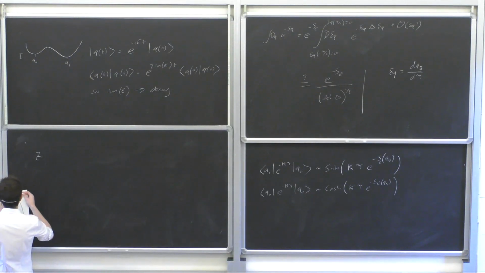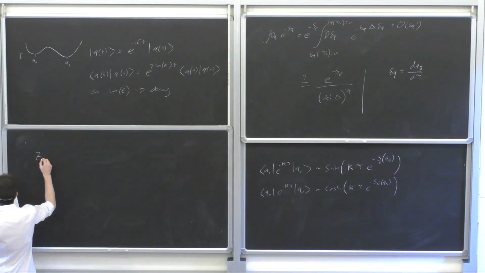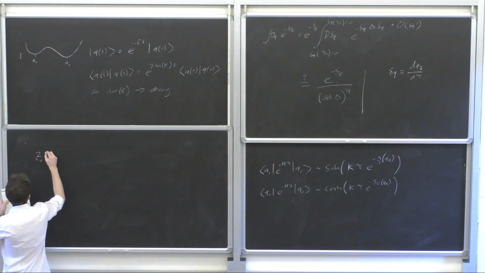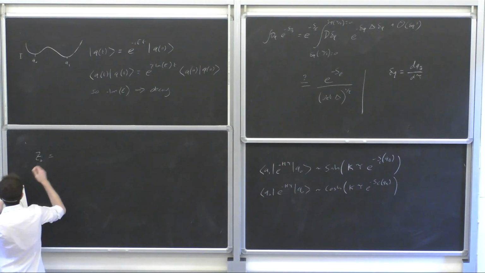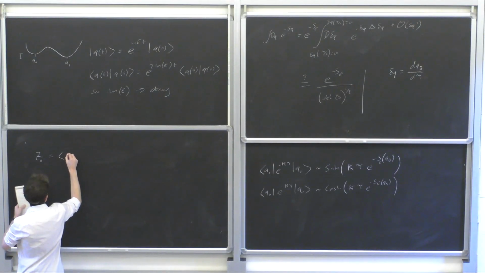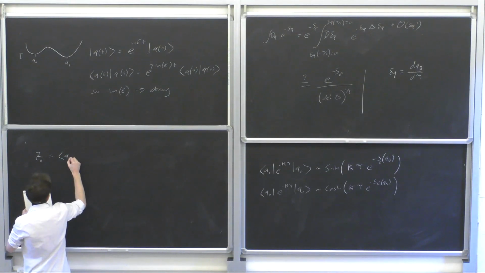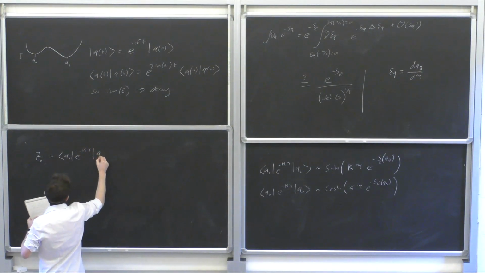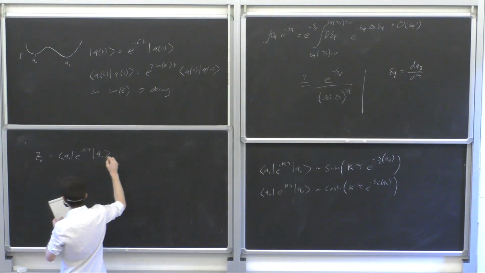So let me write the partition function around Q0, not quite the partition function, but let me consider the object Q0 e to the minus h tau Q0, just like before.